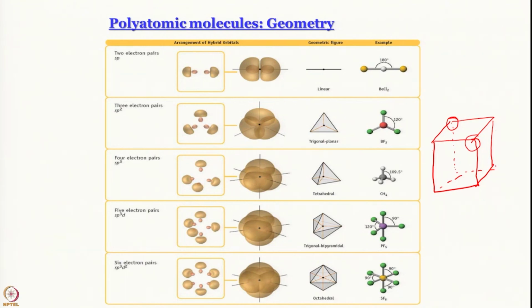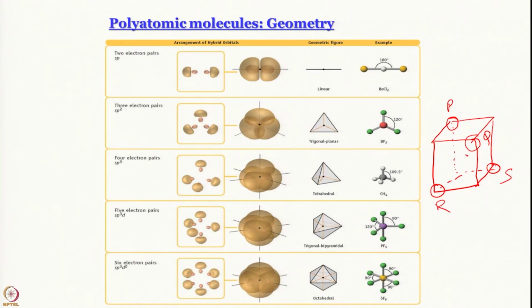So, where will I go? I will go here and here. Okay. So, of course, P, Q, R, S are hydrogen atoms, or we can say that they are the 1s orbitals. Where is the carbon atom? At the body center, somewhere here.